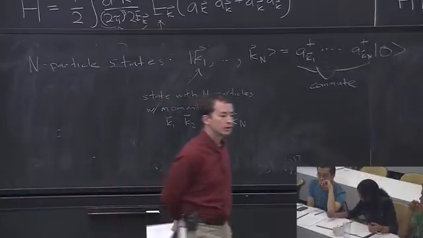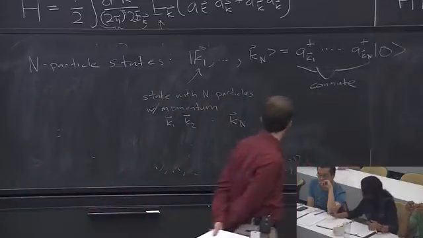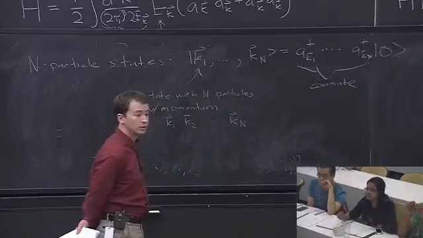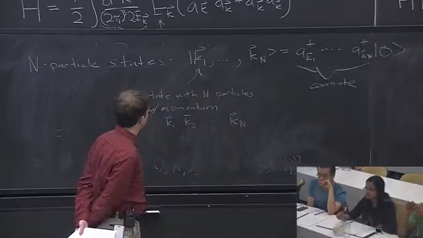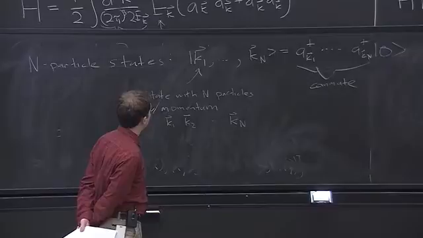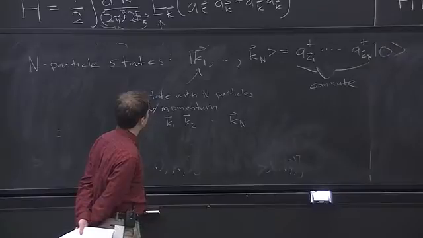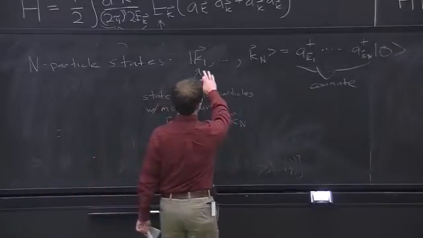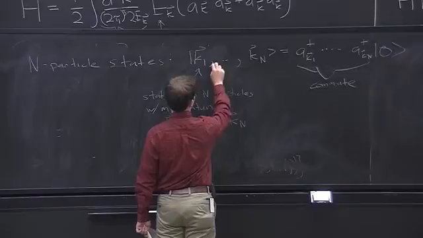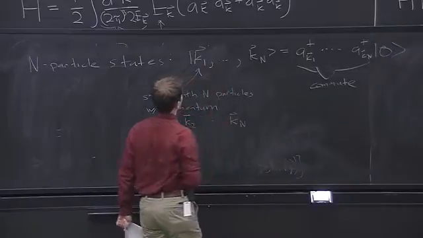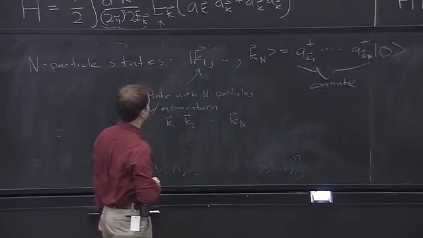In that ket over there with the n vectors, is it an n-fold tensor product or not? There's no tensor product.